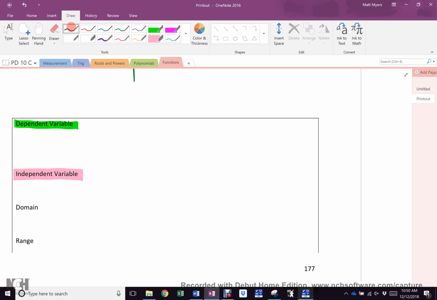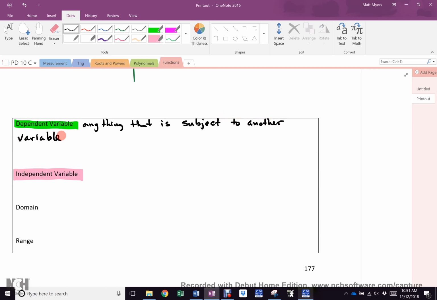So the dependent variable is anything that is subject to another variable. Okay? I should probably remind you, what's a variable?